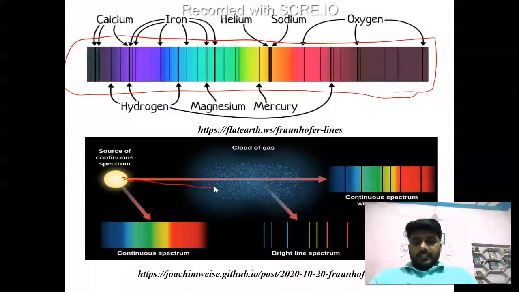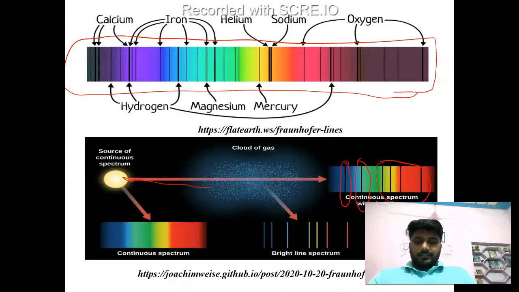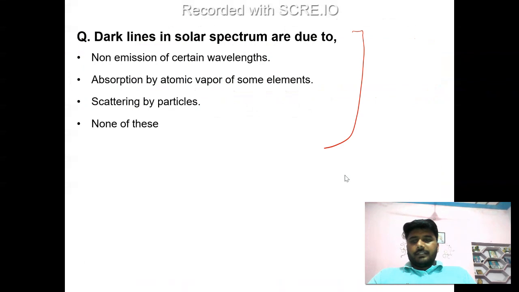So there you cannot see any bright spectrum; you can observe only the dark lines. So the correct option will be absorption by atomic vapor of some elements.